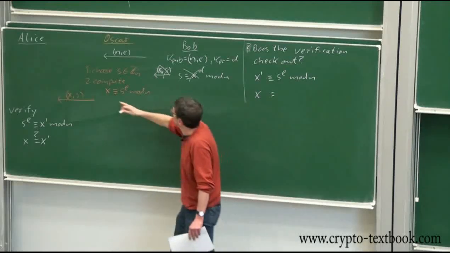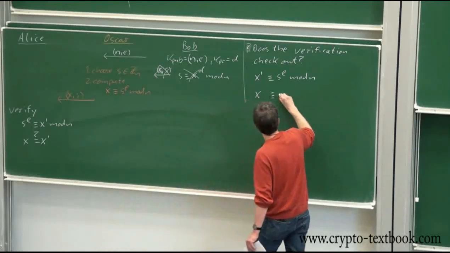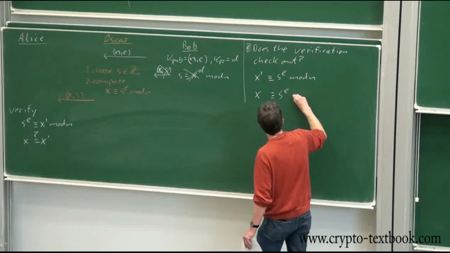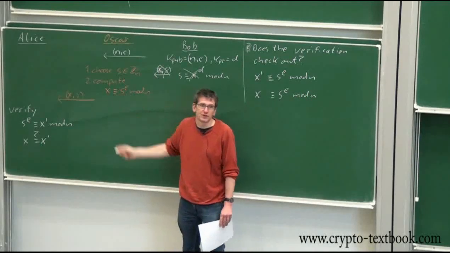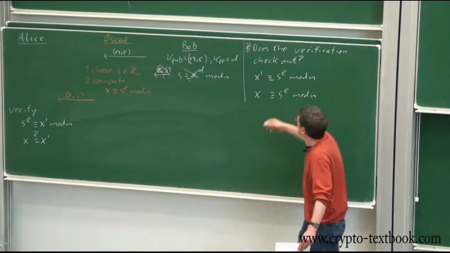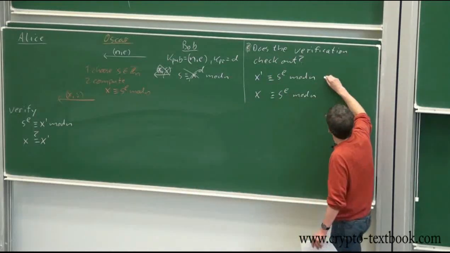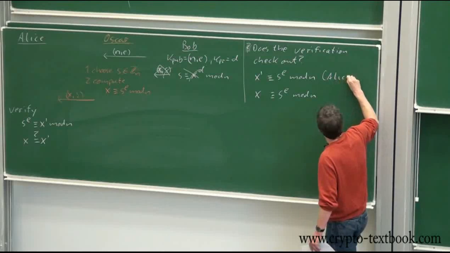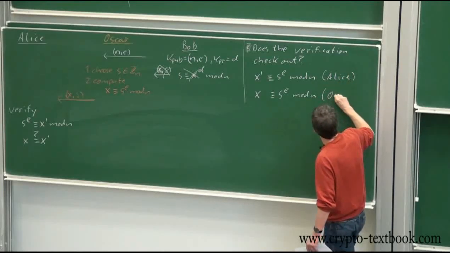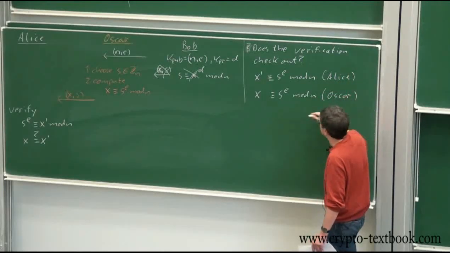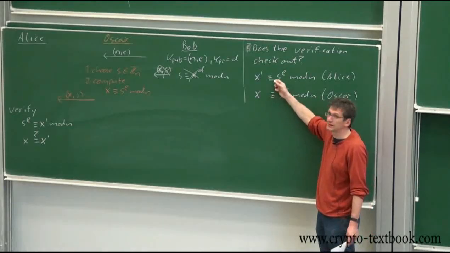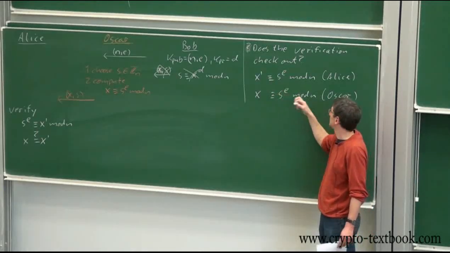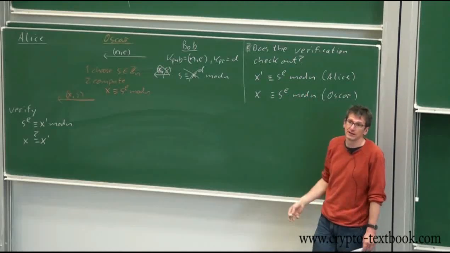And what is x? X was computed by Oscar according to this formula. So this is the x prime that Alice computes, and this is Oscar. They compute the same thing. This S and this S are the same, this E and this E are the same, the two N's are the same, okay?